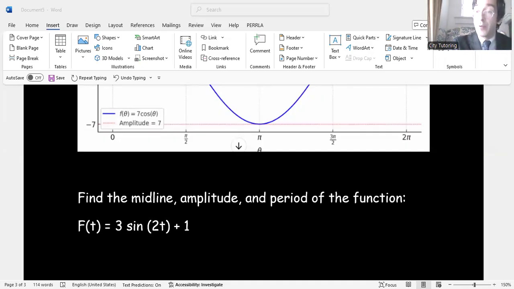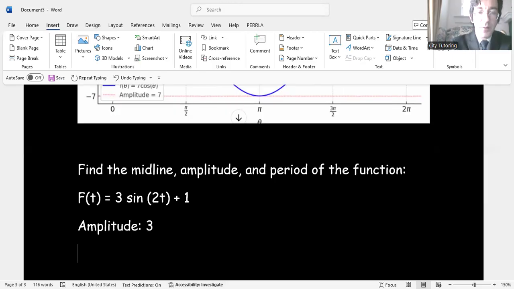All right, so now that you've paused the video, the amplitude here is represented by the absolute value of 3, which is 3. The period has to be 2 pi over b, right? So it's 2 pi over 2, which equals pi.